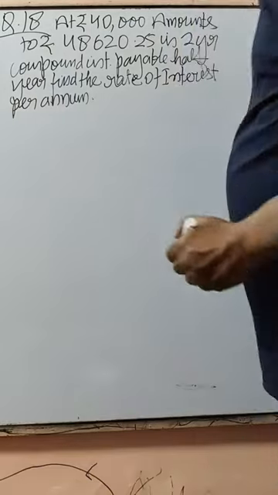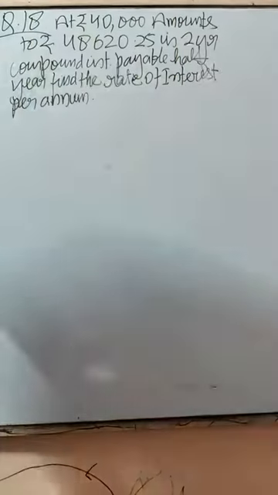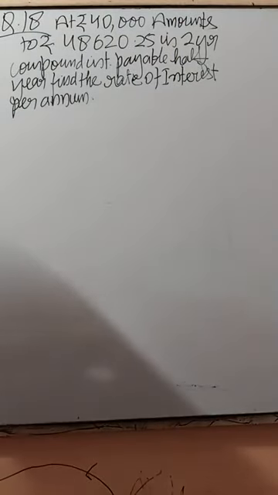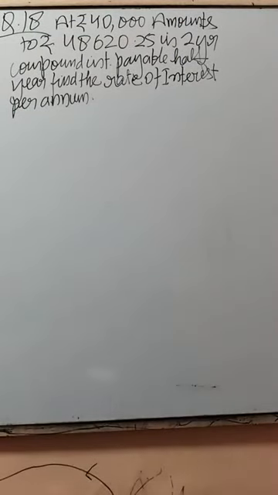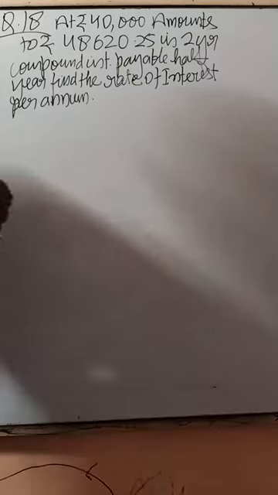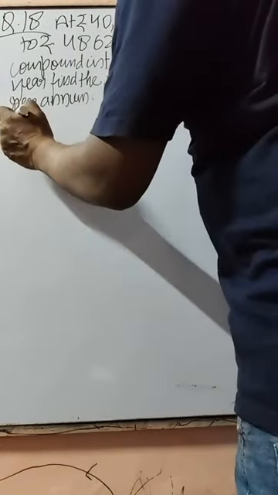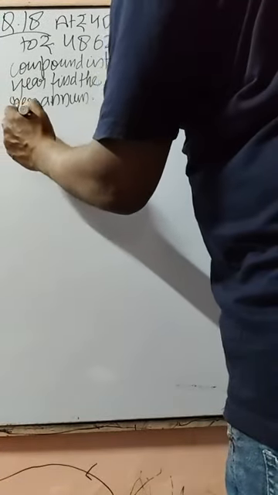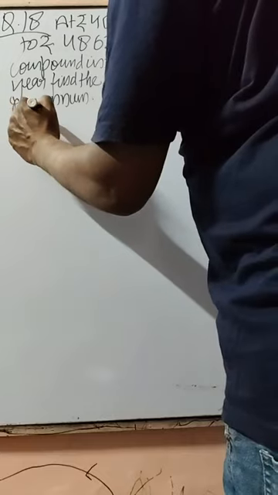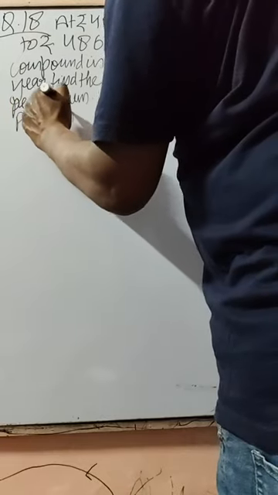Why are you not writing all this? What is amount? What is principal? So here principal is equal to 40,000, right?